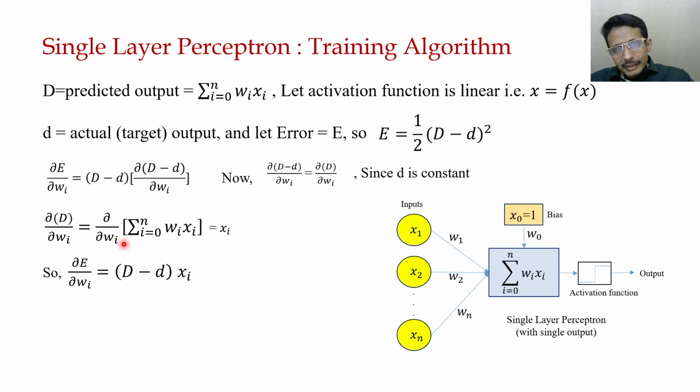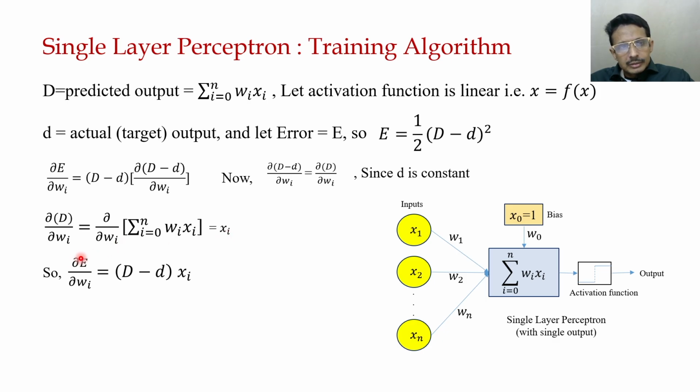They become 0. Only the term equal to wi remains, so the derivative of wi with respect to wi is 1, and the value is xi for this wi.